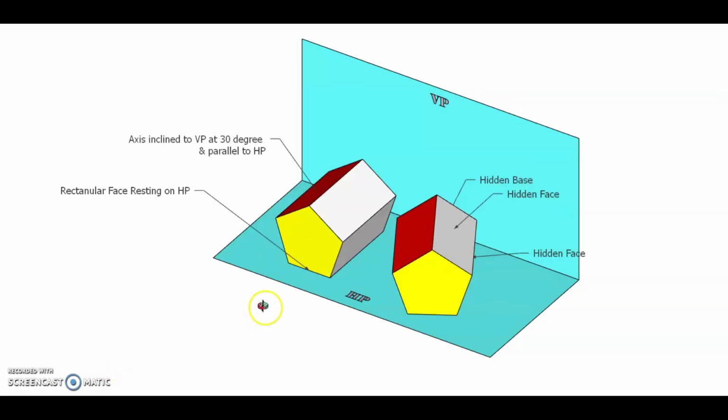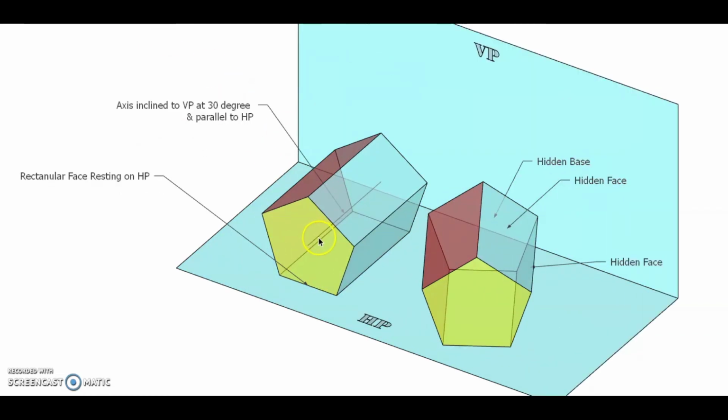Now consider the next case, in which the pentagonal prism is resting on HP on one of its rectangular faces. The rectangular face is resting on HP, and its axis is inclined to VP at 30 degrees, and this axis should be parallel to HP.